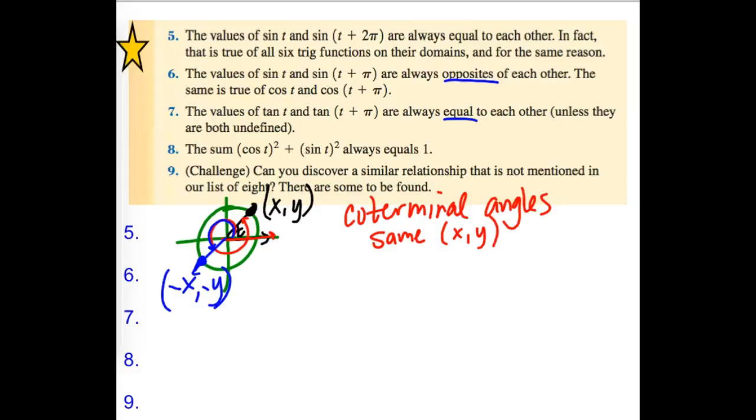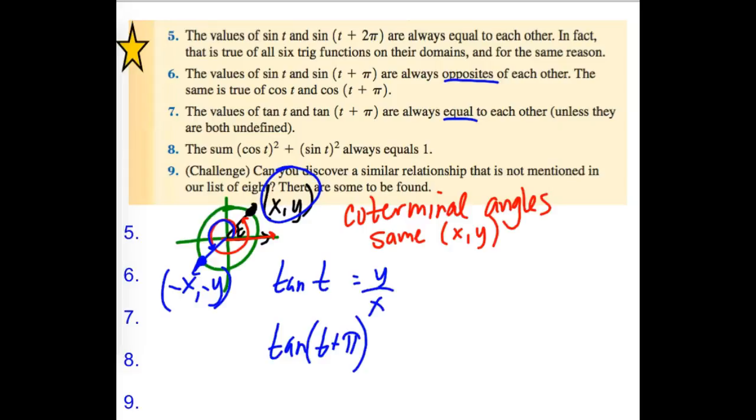What are the variables we use for tangent? Y over x? Okay, so for angle t, the tangent of t we have is y over x based on my point here. So what's the tangent of t plus pi going to be?